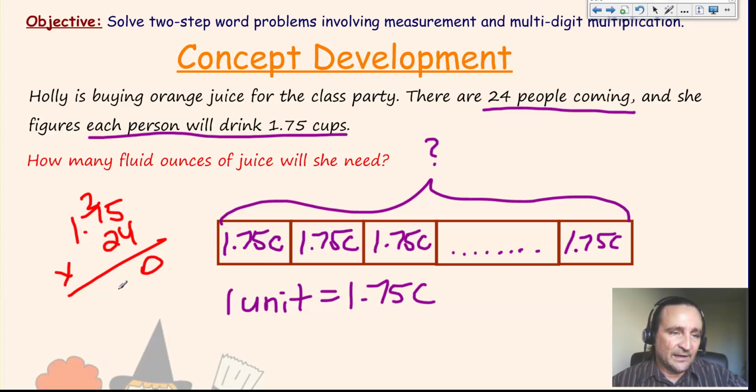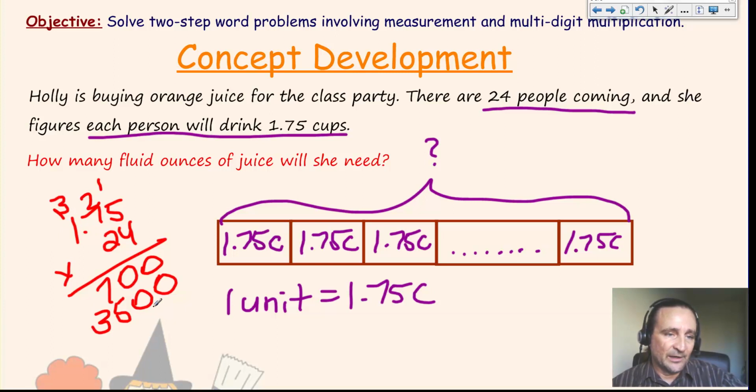Now I have 28. That would be 30. Carry the 3, 4, 7. Now I'm going to put in my placeholder, so my 2's are lined up nicely. 10. I'm going to carry that 1. I have 14, and 1 is 15. I'm going to carry that 1, 2, and then 3. Now I'm going to add my numbers.